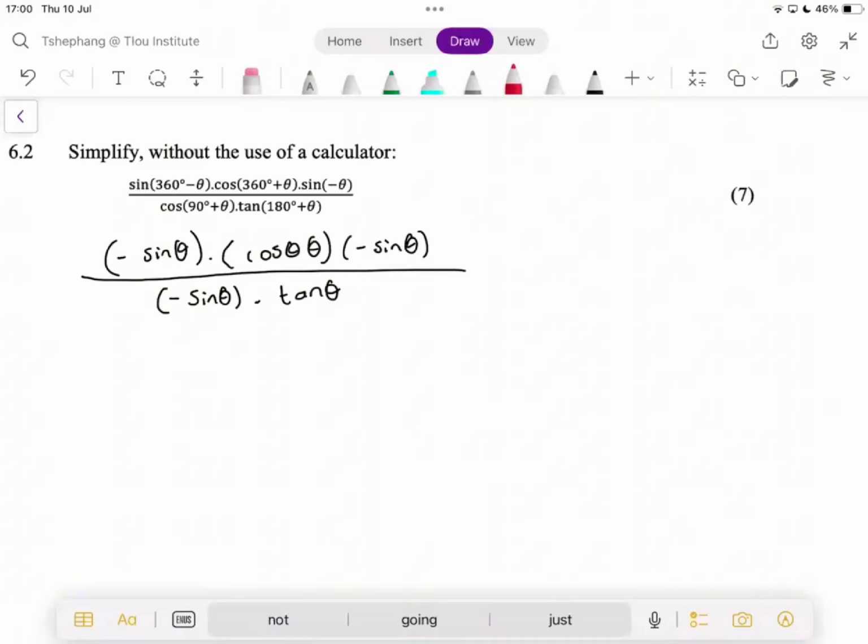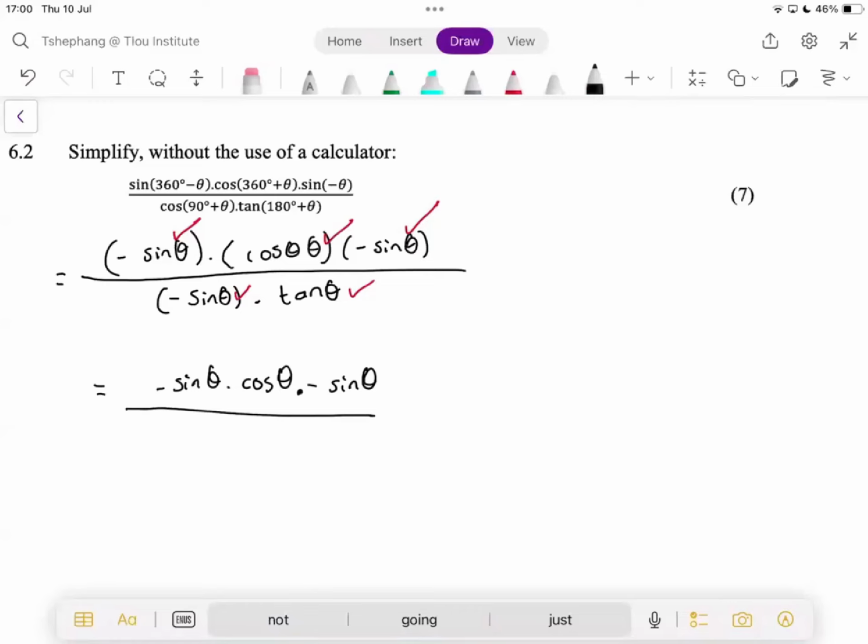And then this is simply going to become what? Tan of theta. Now at this step, you have a mark there, another one here, negative sine and positive tan. So immediately you have 5 marks. Even if your algebra is not very strong, you have 5 out of 7. Now it's just a matter of simplifying. This is then going to become negative sine of theta multiplied by cos of theta minus sine of theta, but it's multiplication.